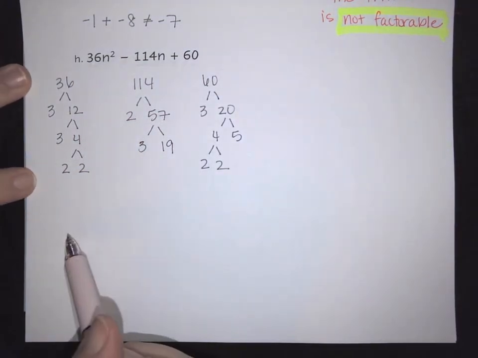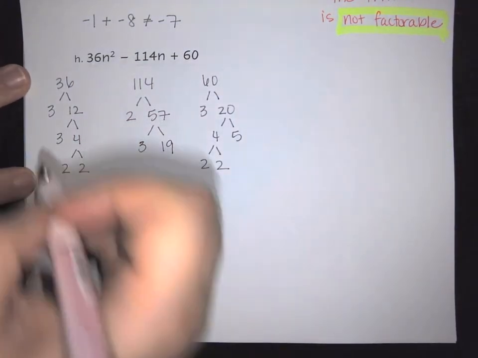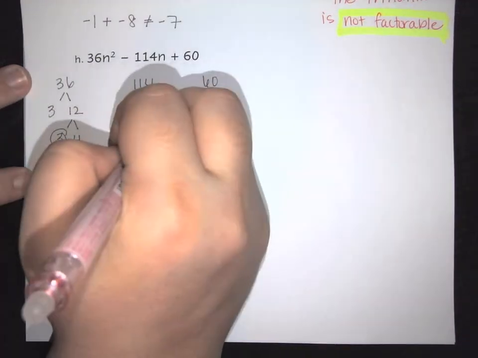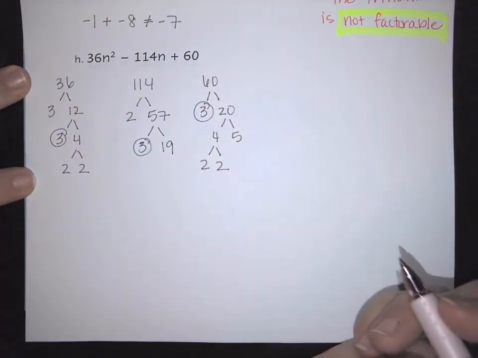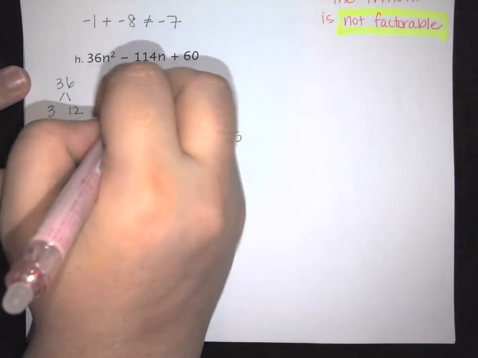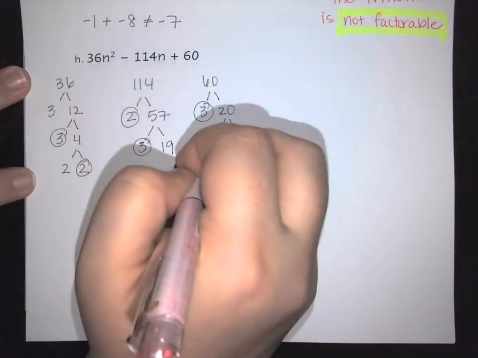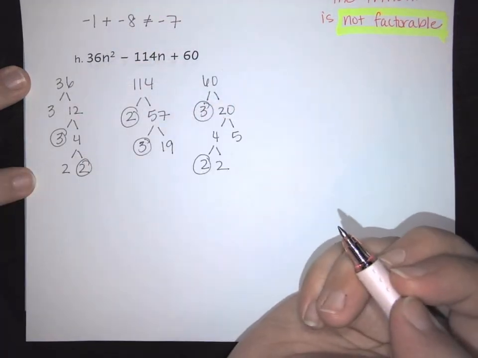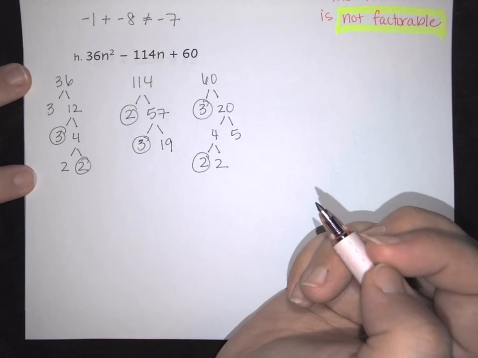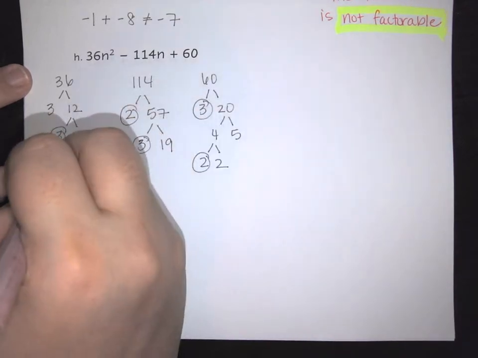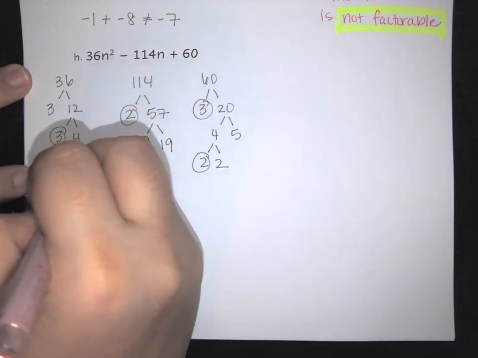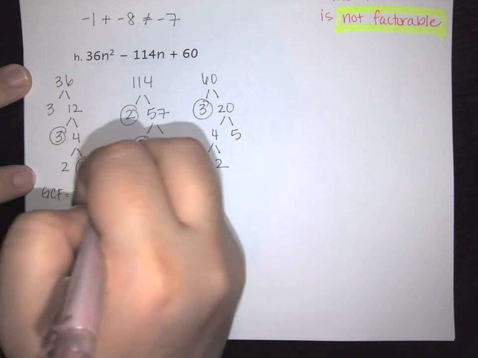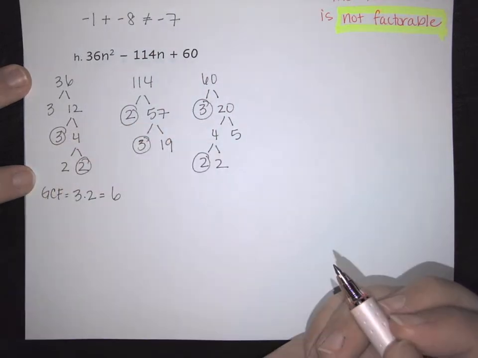So if I look at all of these, I can see right off the bat that I have a 3 that shows up in all of them, and I have a 2 that shows up in all of them. So my greatest common factor is 3 times 2, which equals 6.